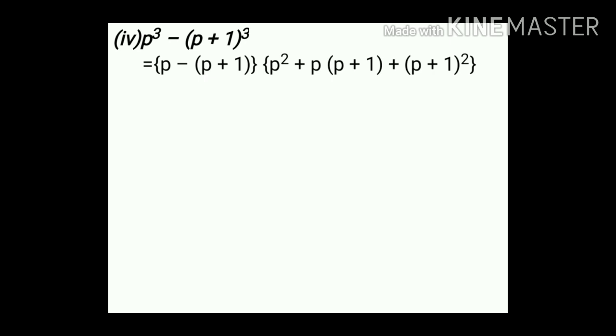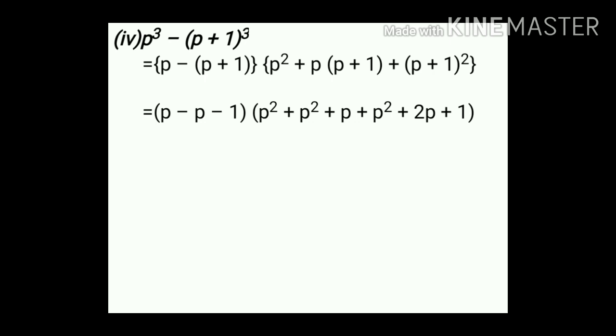Here, children, now in the next step we remove the brackets. Equal to p minus 1. In the next bracket p square plus p into p square, p into 1 we get p, and in the next bracket, children, we have to expand in the formula a plus b the whole square formula. Here we get p square plus 2p plus 1.